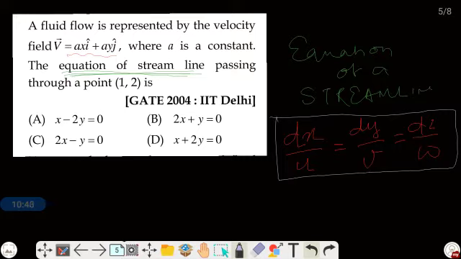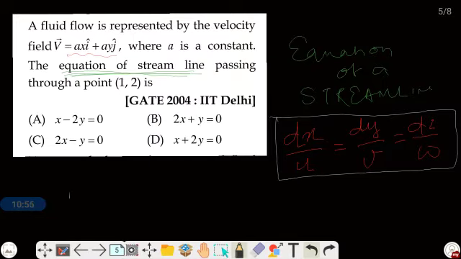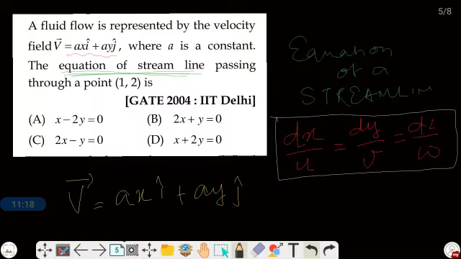Here we have the velocity v as ax i cap plus ay j cap in the question. So we can see that u is given as ax and v is given as ay. Yes or no? Yes.